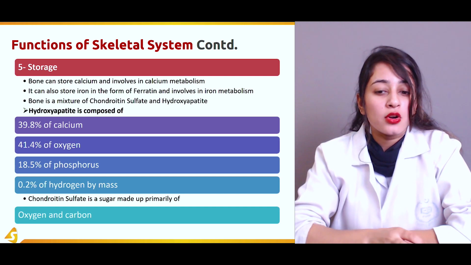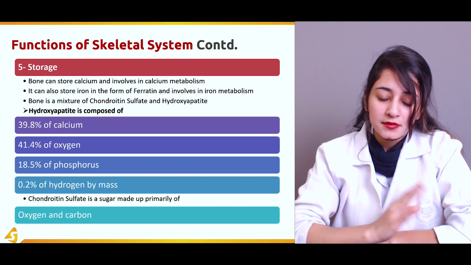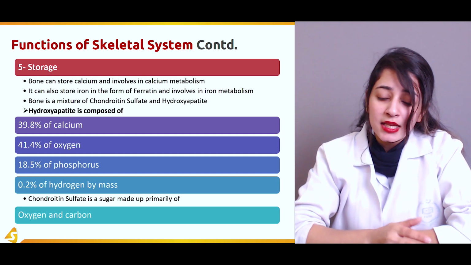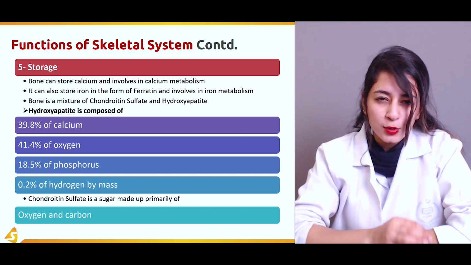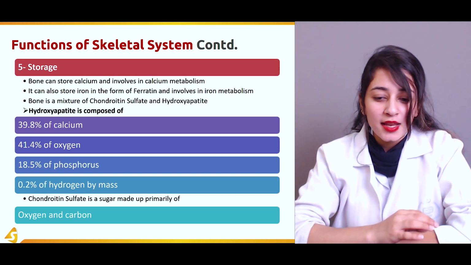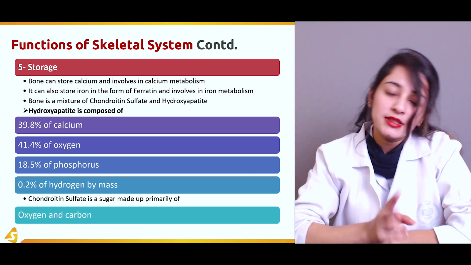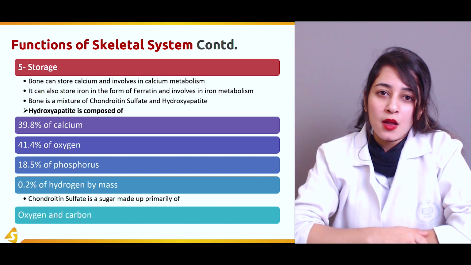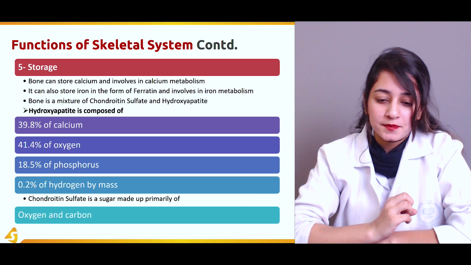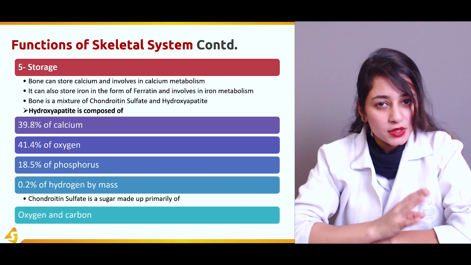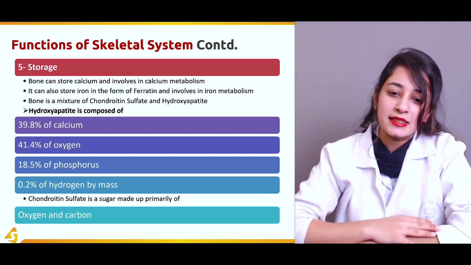It will make the hydroxyapatite. Then we have chondroitin sulfate. It's a sugar. So that's sweet. It's a sugar and it's primarily made up of oxygen and carbon. So these two things compose the chondroitin sulfate. So we are done with the storage function of the skeletal system, like bones.